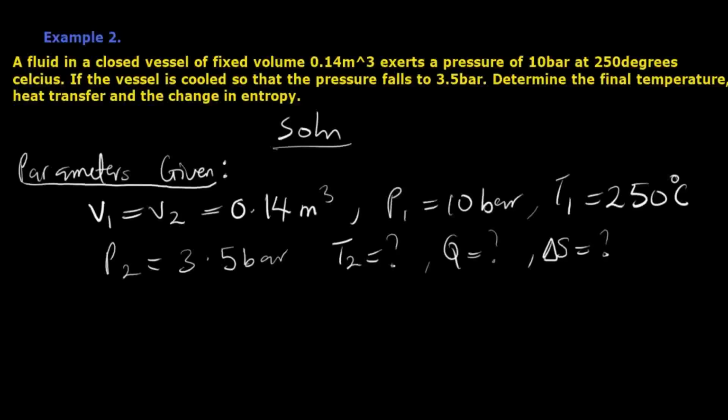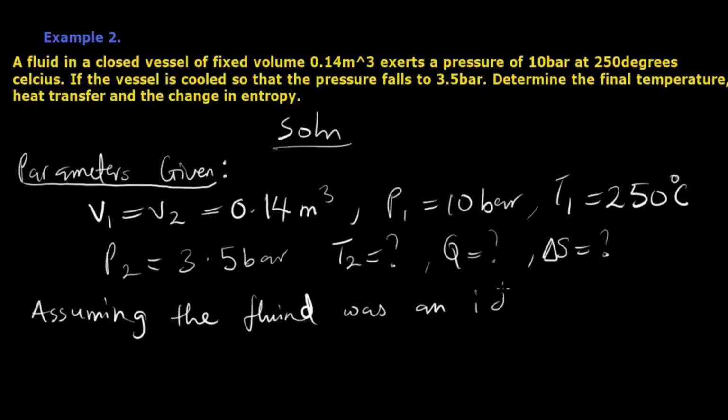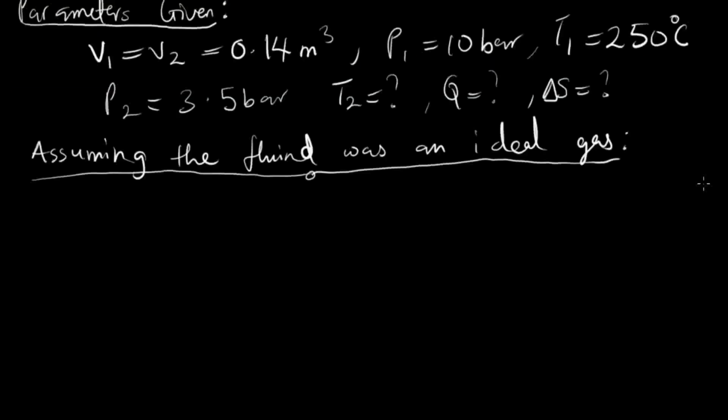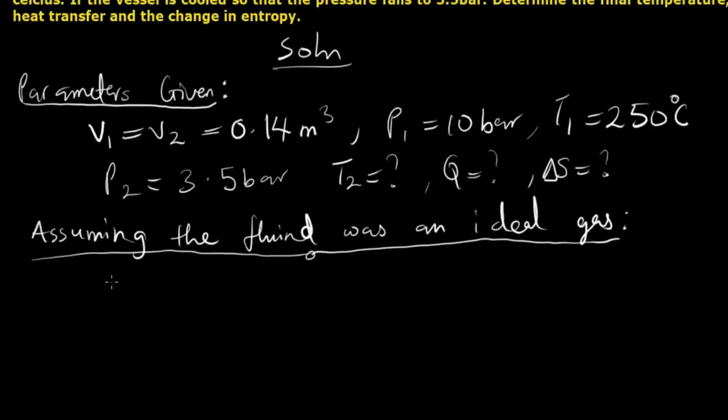So assuming that the fluid was an ideal gas, we use our ideal gas equation at constant volume, which is P1 over T1 equals P2 over T2.